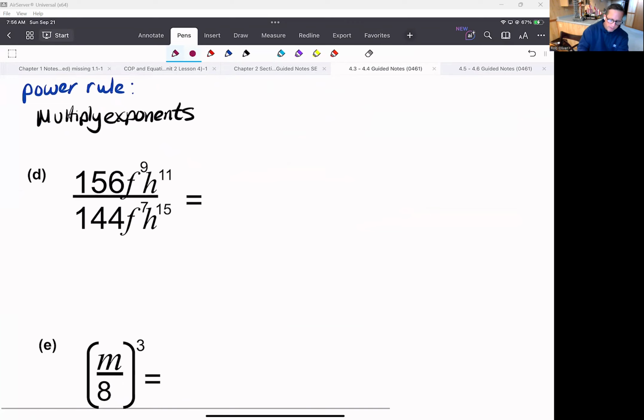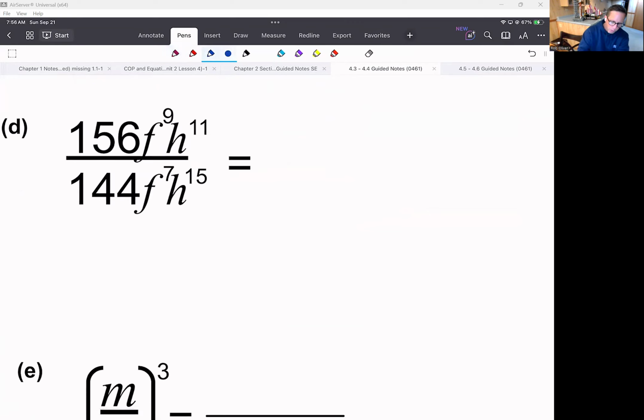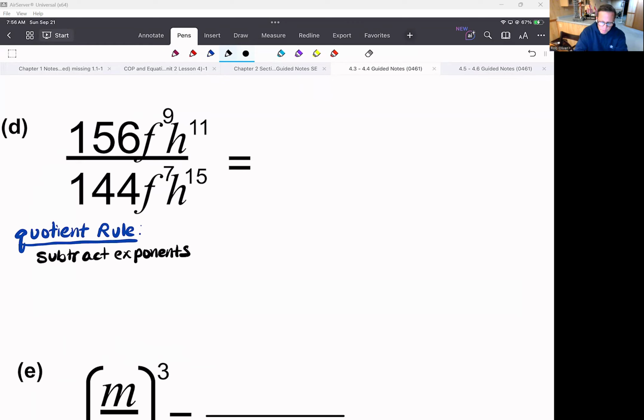All right, this one right here, we're going to use the quotient rule. So we're going to subtract exponents. That is what we're going to do. And when it comes to coefficients, we treat those just like regular numbers, which they are.